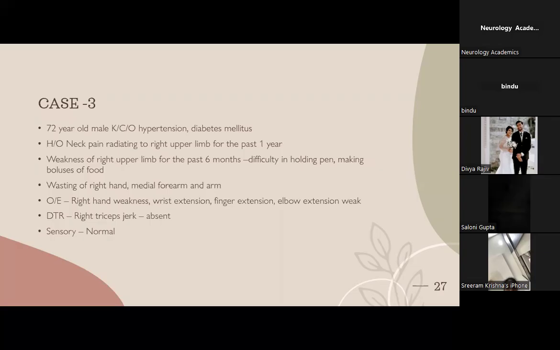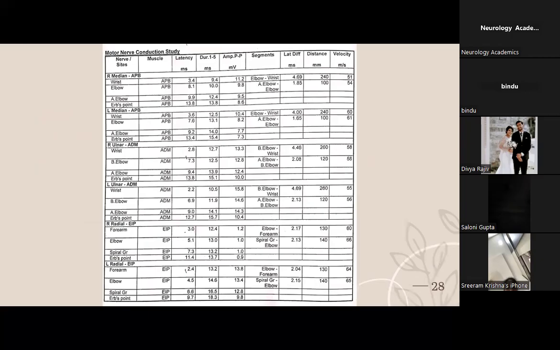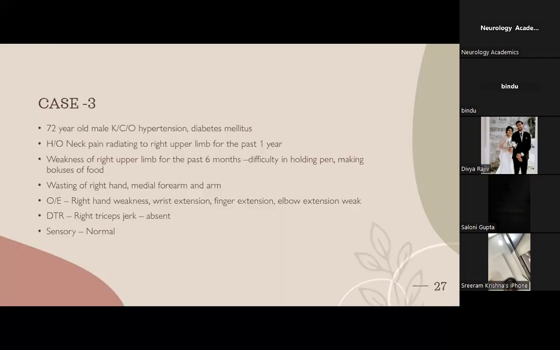So localization, this could be a lower plexus involvement, with C7, C8, T1 innervated muscle weakness. Pure motor involvement, so anterior horn cell would be another localization.